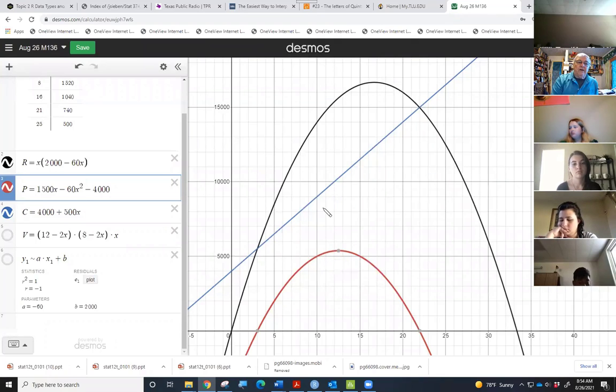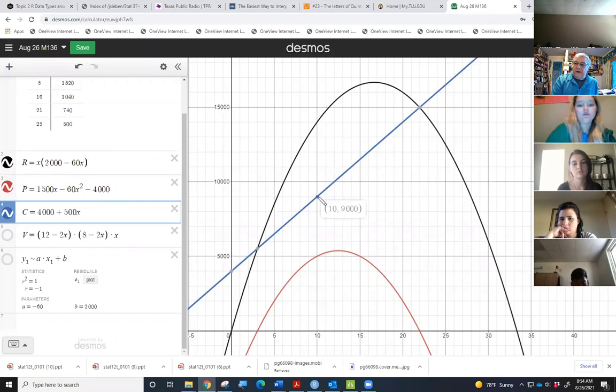But that would be exactly what you would get if you would take the value of revenue at 10, 14,000, and subtract the value of cost at 10, 9,000, then that's what the profit would be. So I can see the profit as the vertical distance here, but it's a little bit hard to really visualize that, except I can see the vertical distance is greater here than it is over here. Vertical distance, not so big over here, pretty big right here.